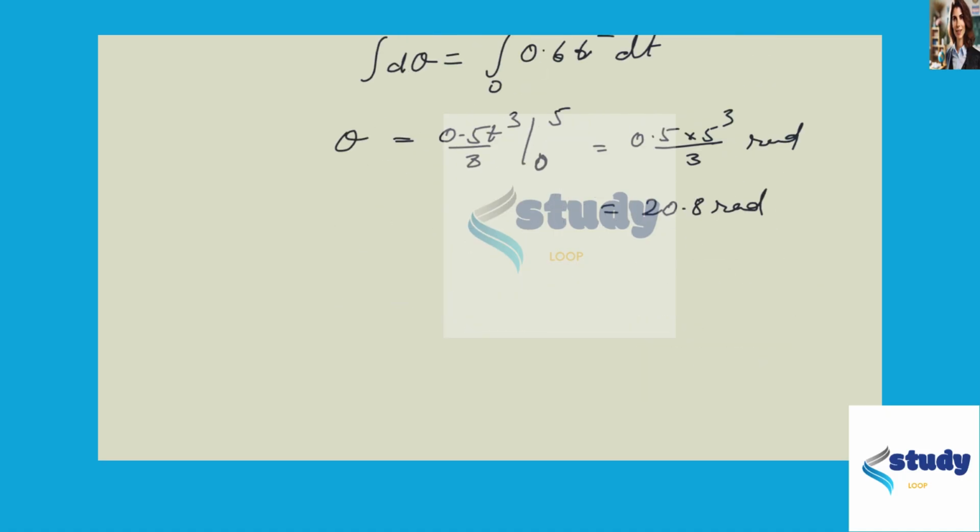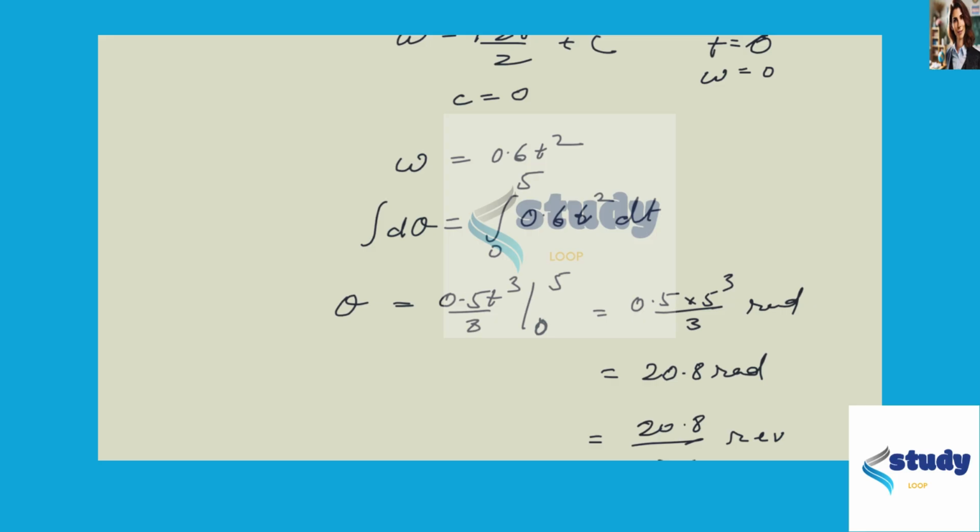You have to take it in revolutions. So this is 20.8 over 2 pi, which is around 3.3 revolutions. Here I have just mistakenly written 0.5.